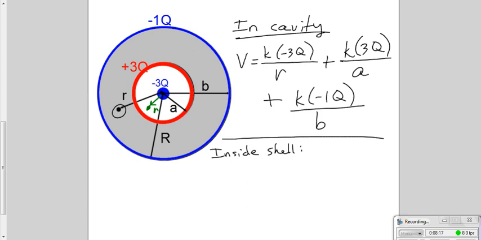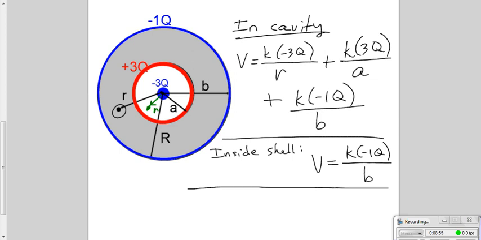So it turns out that the net potential is due only to that little minus 1Q that's on the outer surface of the shell. And so our potential can be written quite nicely as just K times minus 1Q over, now think about this, because we are inside that particular shell, we use its own radius B to describe the potential there. And it doesn't matter where we are inside there. Remember, anytime you're in a piece of metal, the potential is going to be the same everywhere. That's why we see no dependence on the R value, the little r, where we place our dot.